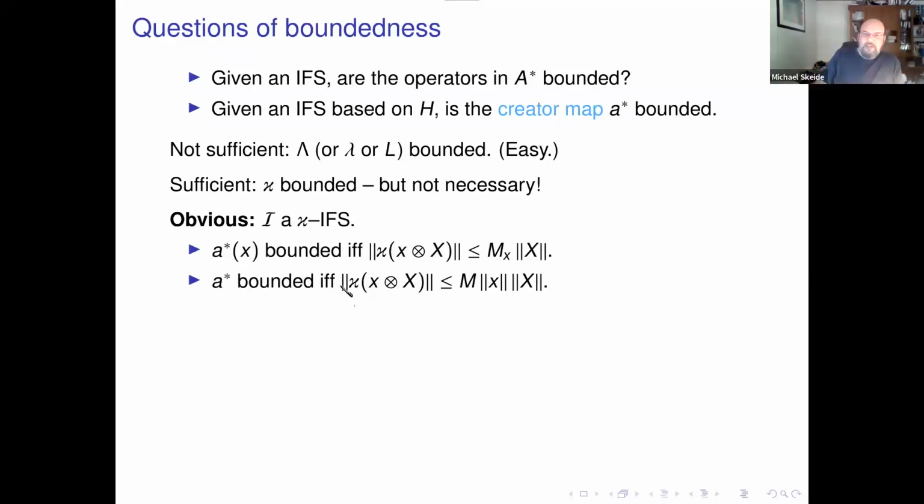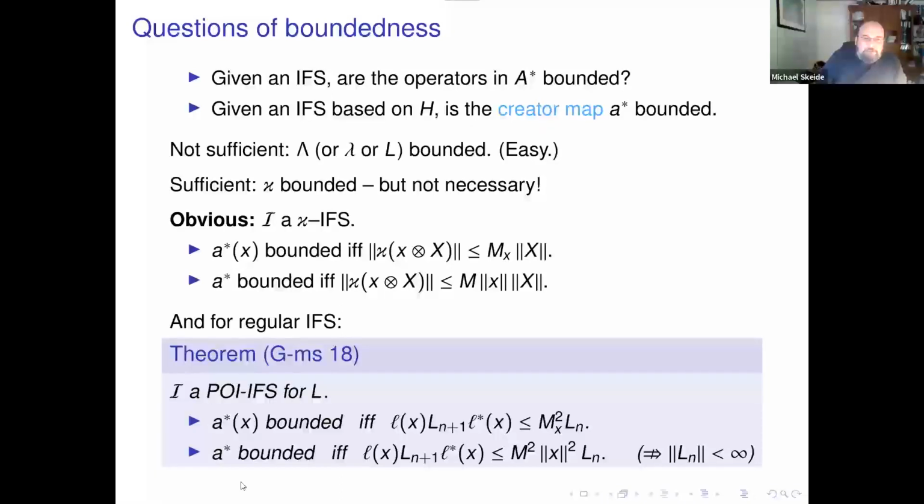Well, if we write down what it means that the creator A star X is bounded, or that the creator map is bounded, this is just spelling it out. So there's nothing new here, but we see that the responsibility for possible unbounded kappas is here, in that the Hilbert space tensor product does not have the universal property of the projective tensor product, and every counterexample can be used to model a counterexample giving unbounded kappa.